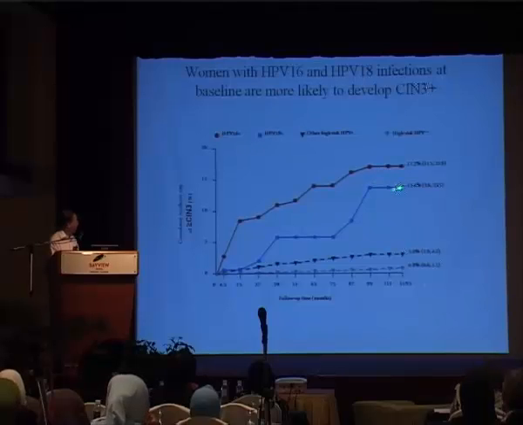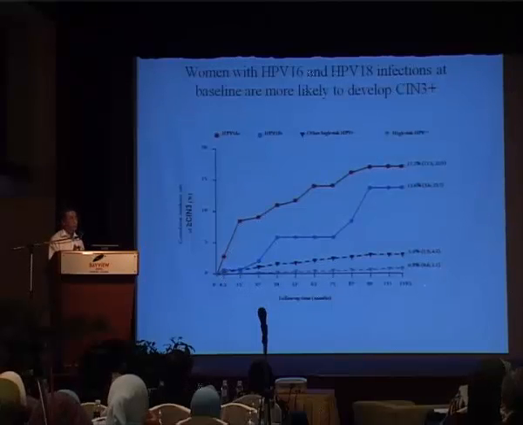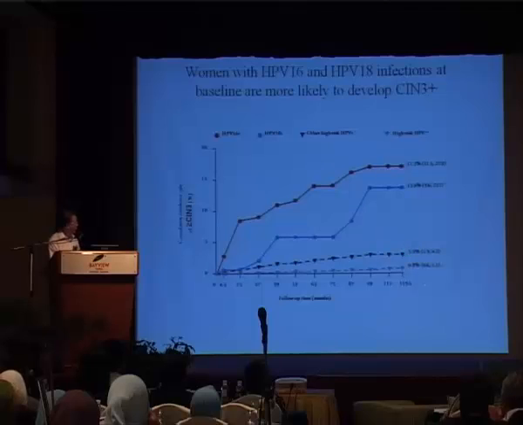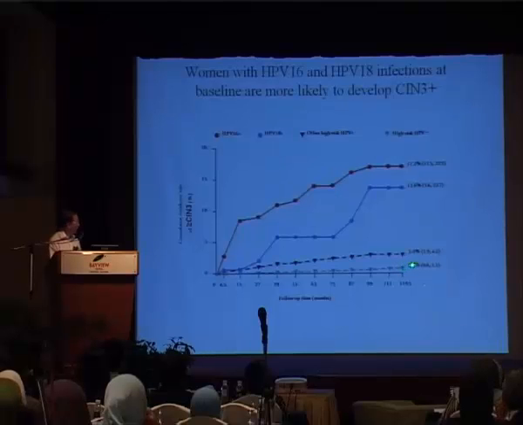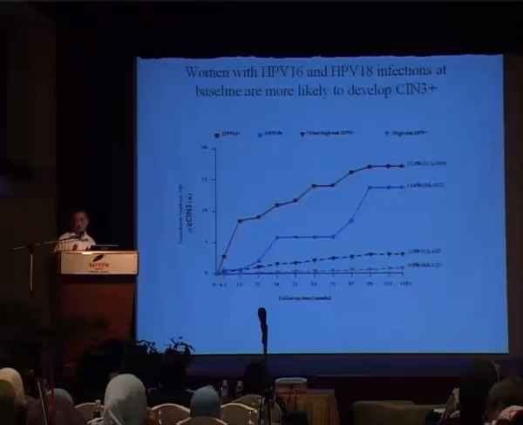Very closely followed by HPV type 18. Of the other subtypes, there are a dozen other subtypes of high-risk HPV groups. You can see the 10-year cumulative risk of CIN3 plus lesion is approximately 3%. Compared to women who were negative for high-risk HPV, the risk of CIN3 plus was below 1%.